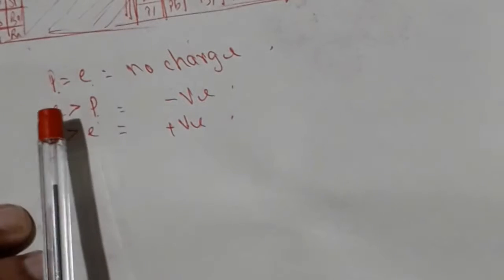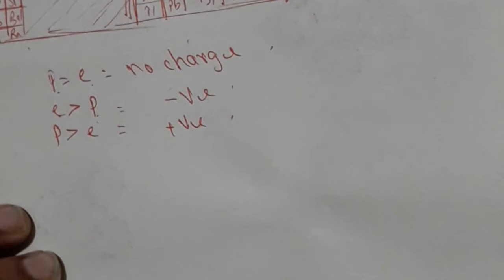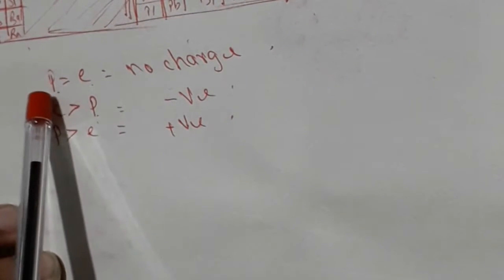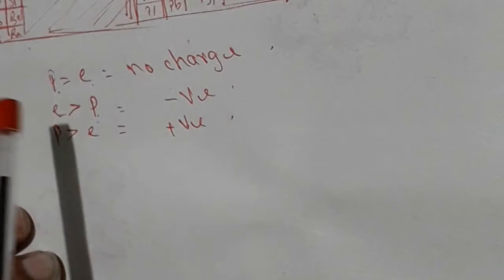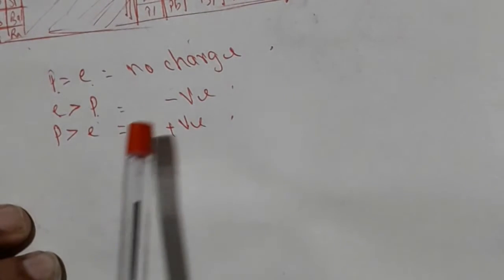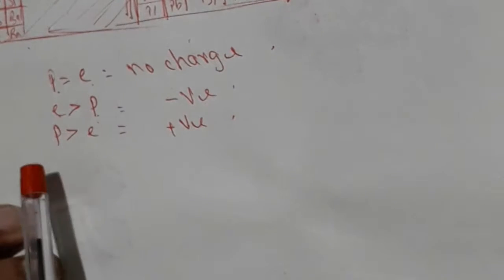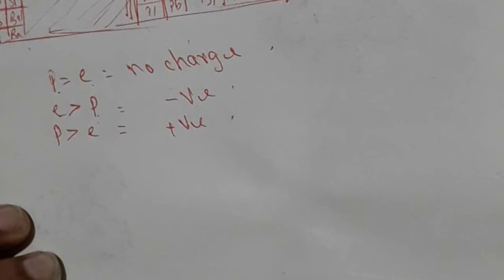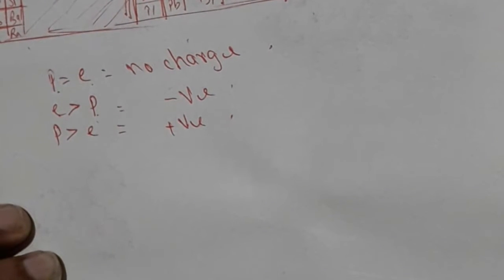So listen once again: if electrons and protons are the same, they have no charge. If electrons are more, negative charge. If protons are more, positive charge.